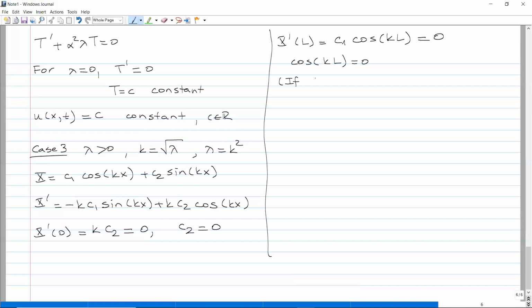Because if C1 is 0, then we get trivial solution. For non-trivial solution, we consider C1 non-zero. So when is cosine 0?